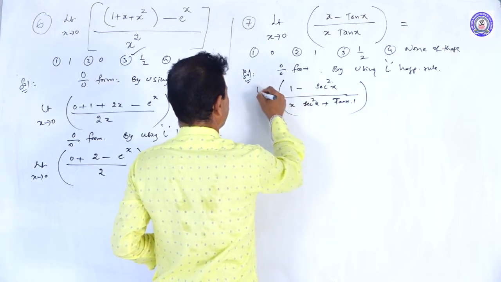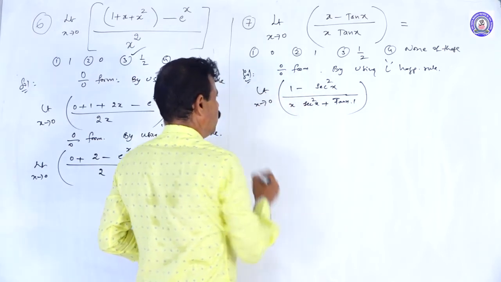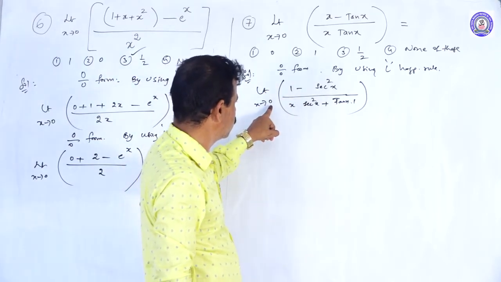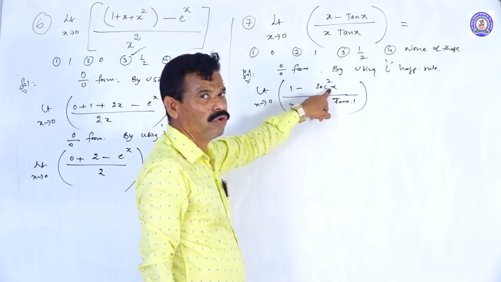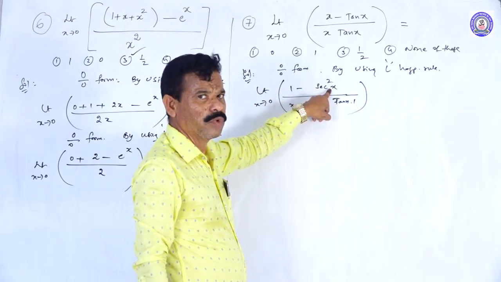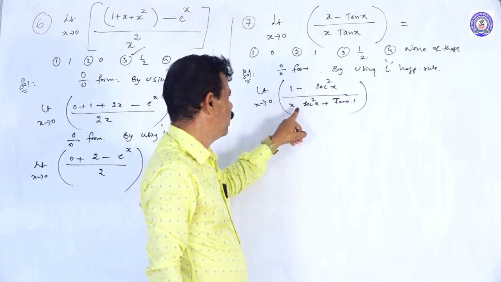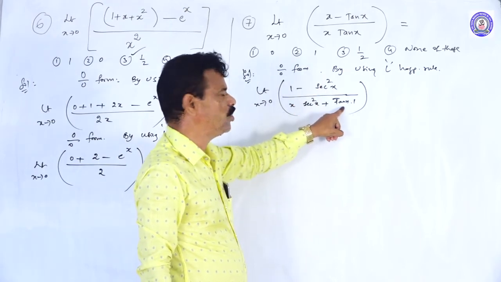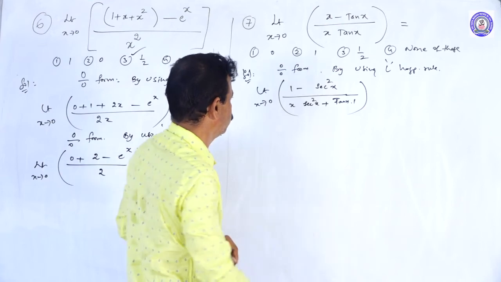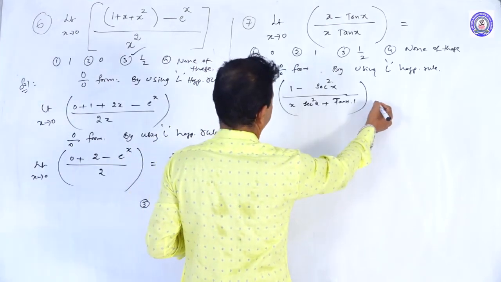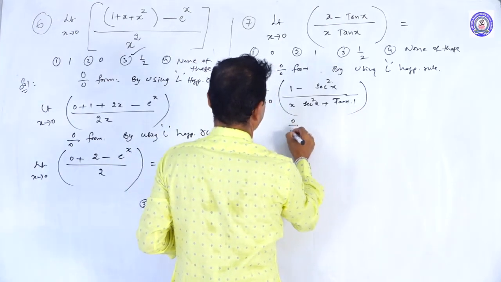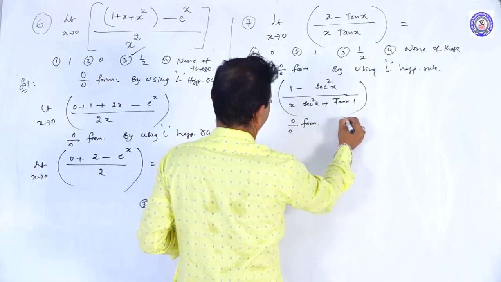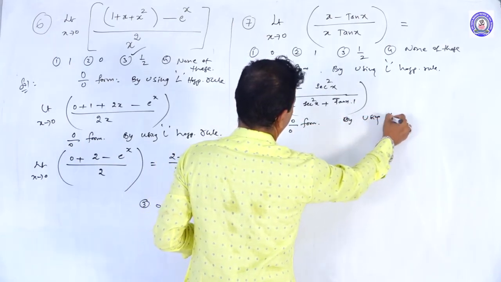Limit x tends to 0. Here also again substitute 0. Sec 0 is 1, cos 0 is 1, reciprocal also 1, 1 minus 1, 0. Here directly 0, tan 0 is 0, 0 by 0 form. It is also 0 by 0 form, by using L'Hospital rule.